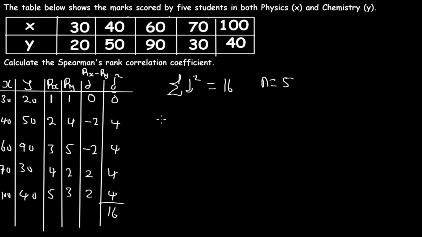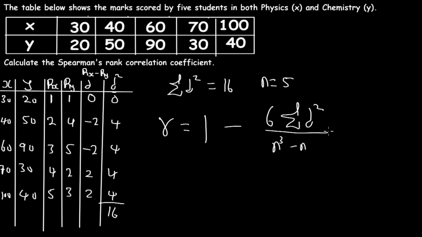So basically, the Spearman rank correlation R will now be equal to 1 minus 6 times the summation of d squared divided by n cubed minus n. This is equal to 1 minus 6 times 16 divided by 5 cubed minus 5. Excellent.